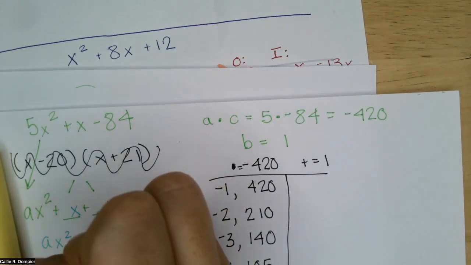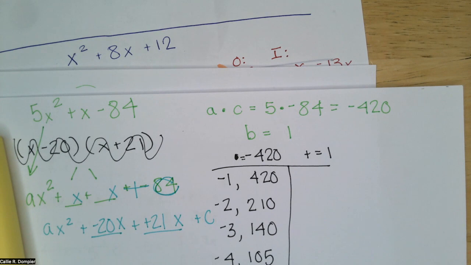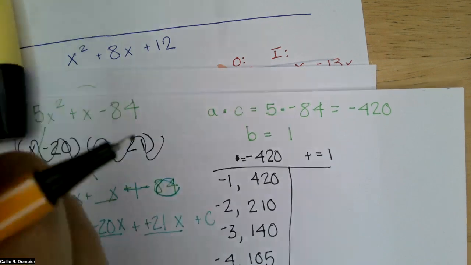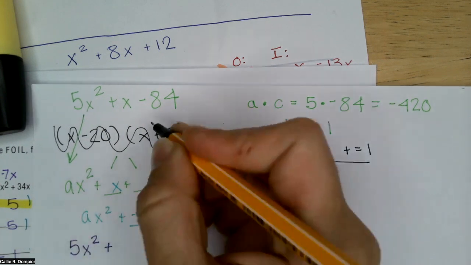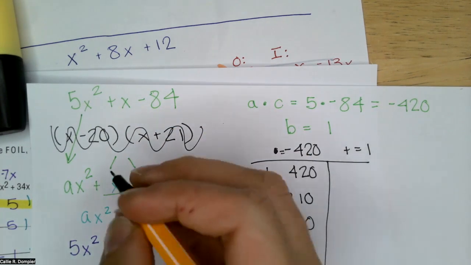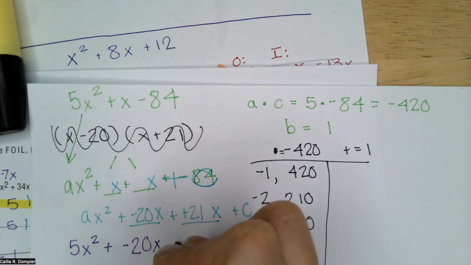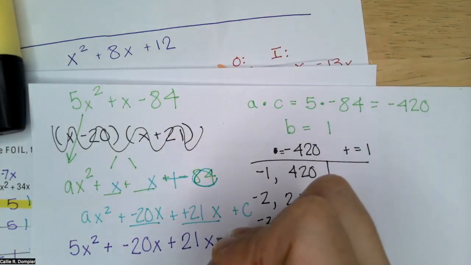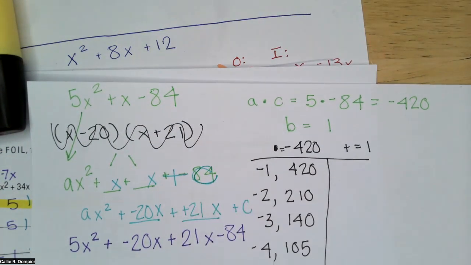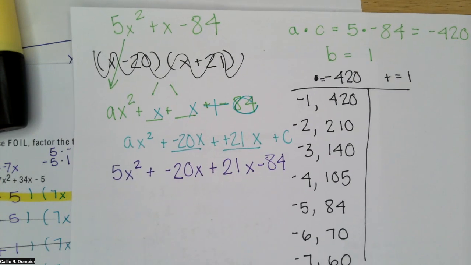It'd be negative 20 plus 21. But my a is not just ax squared, it's 5x squared. Instead of that x, I'm going to call it negative 20x, 21x, and then c was negative 84. Good.